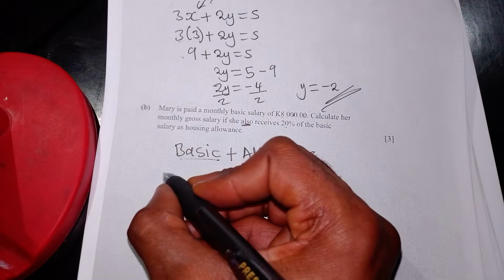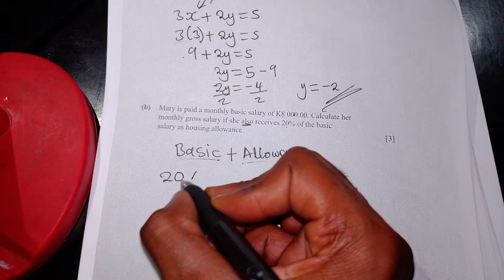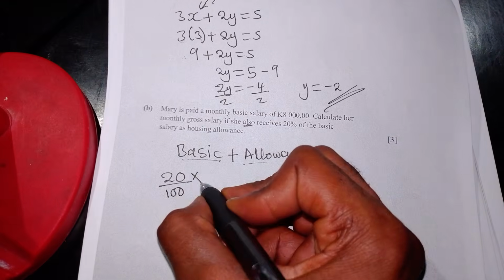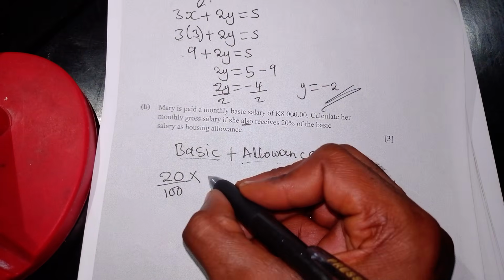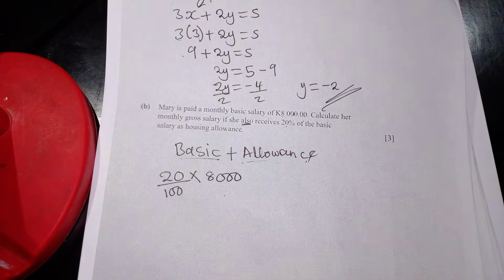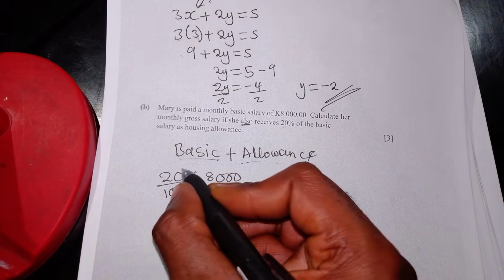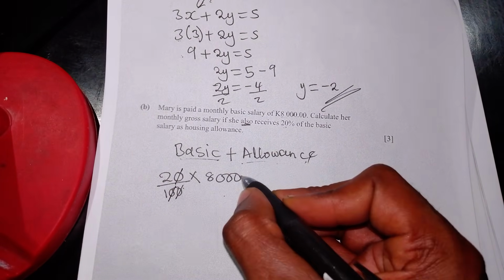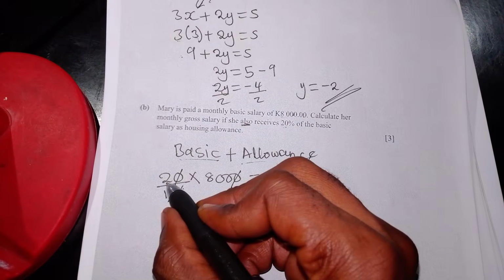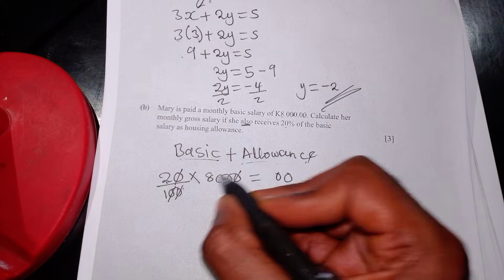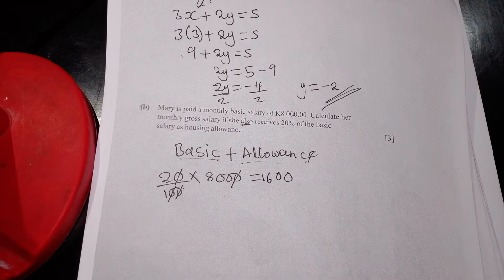So to find this, you know that this is 20% of this. So 20% means 20 over 100 of 8,000. So you can reduce the number of zeros. I think let's do it like this, and then 2 times 0, you have 0, 2 times 0, you have 0, 2 times 8, you have 16.